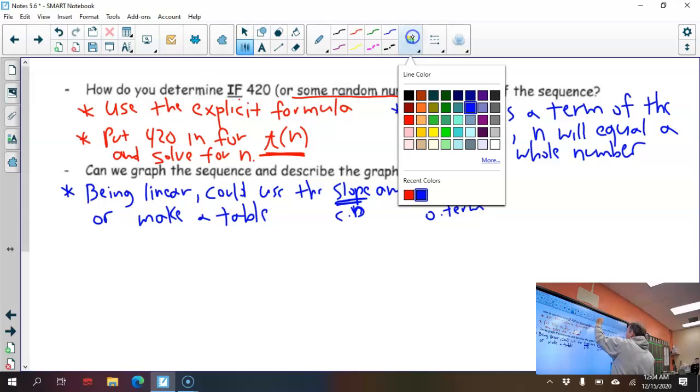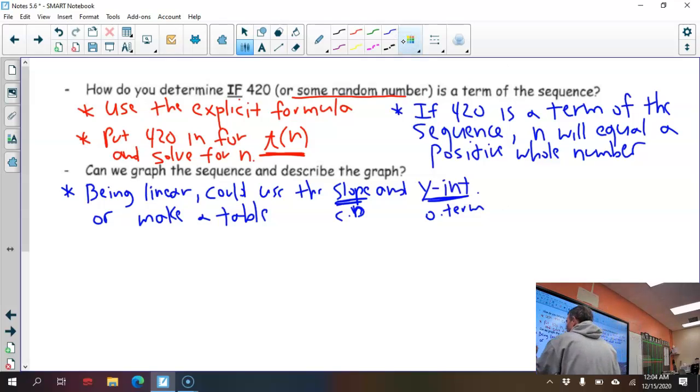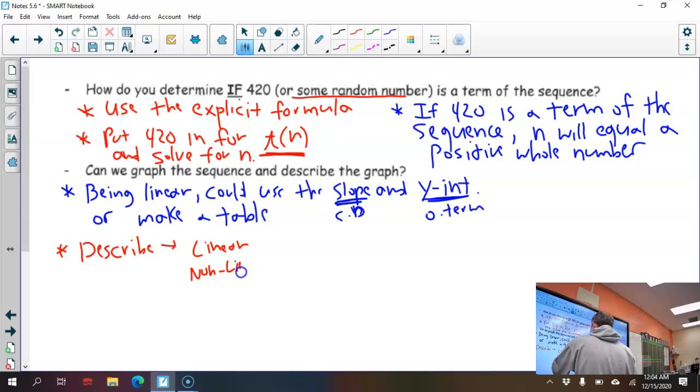But the bigger thing is, we've gone over describing a graph. And there are many different things we can now do to describe a graph. Linear, nonlinear, right?